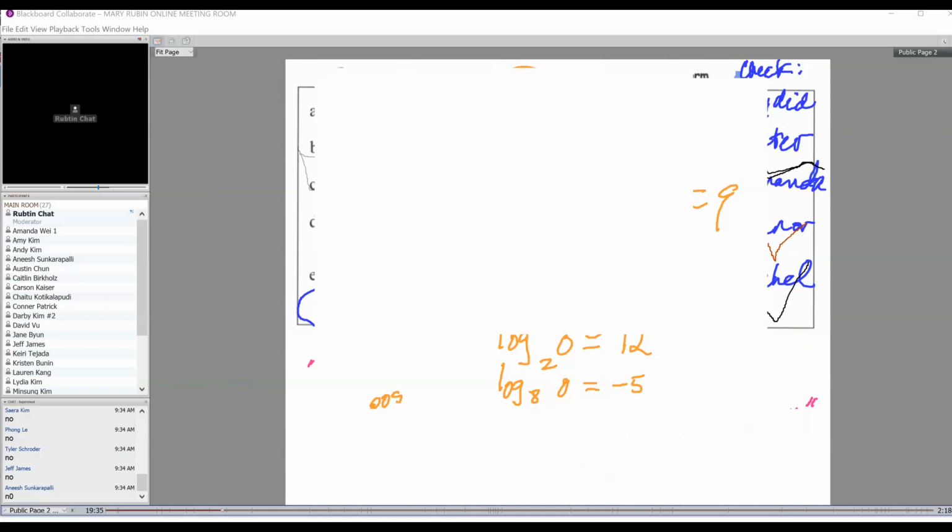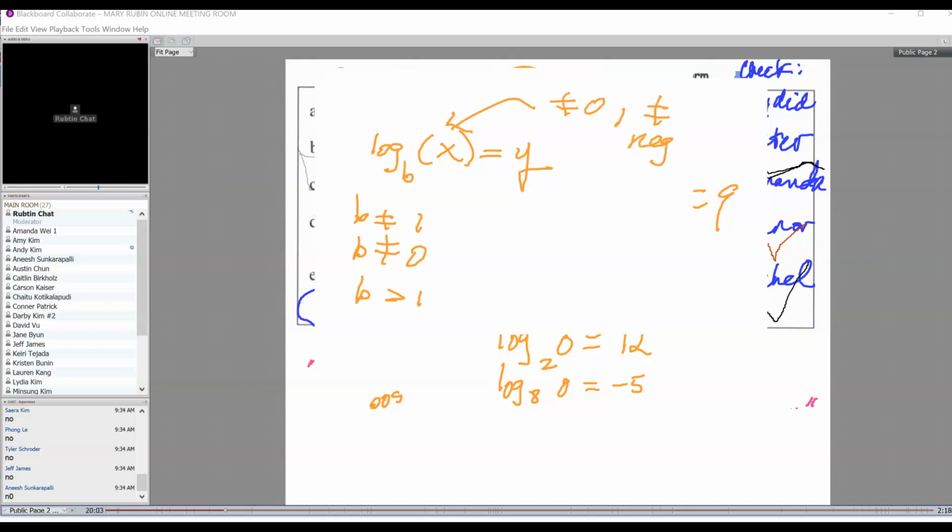So now we have one other stipulation. If I've got log base b of x equals y, b cannot equal 1, b cannot equal 0. This x cannot equal 0. One correction that I want to make: b does not have to be simply greater than 1. B could be anything between 0 and 1.